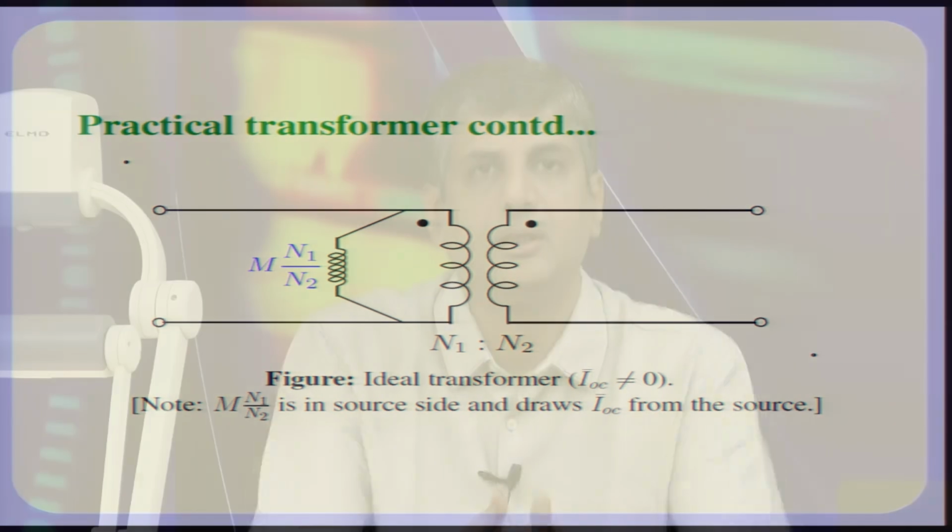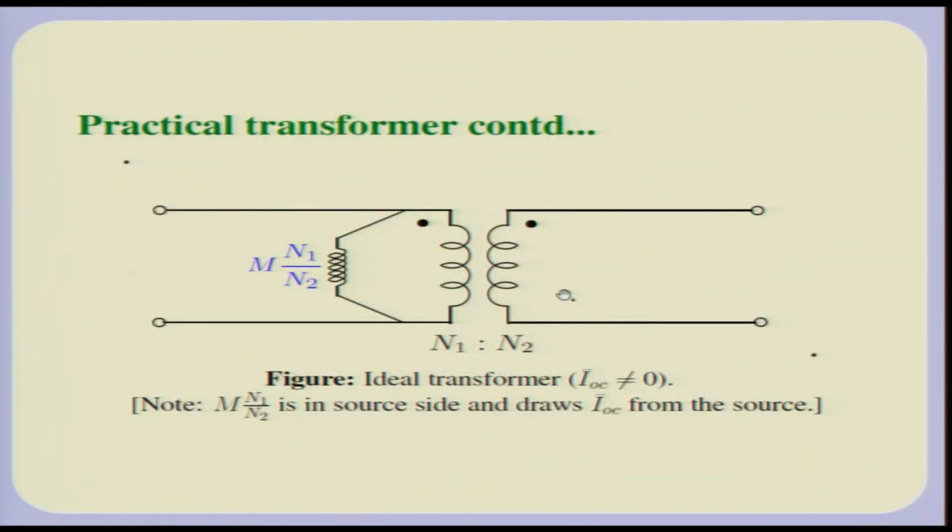Okay. So, in this equivalent circuit of a transformer, this portion we call an ideal transformer, where V1 by V2 is equal to N1 by N2, and in sinusoidal steady state conditions I1 by I2 is equal to minus N2 by N1 with the currents going into the dot.